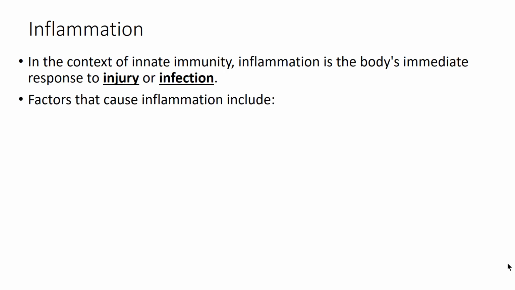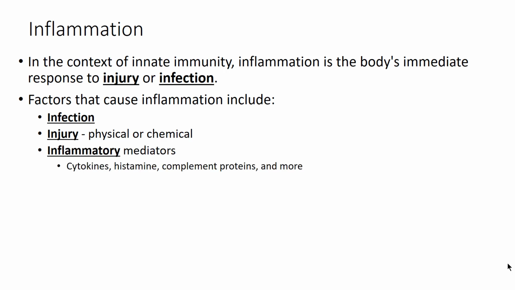So when it comes to inflammation as it relates to innate immunity, we see it as a process brought about by infection, injury, chemical or physical, or from an inflammatory process brought about by various types of white blood cells.